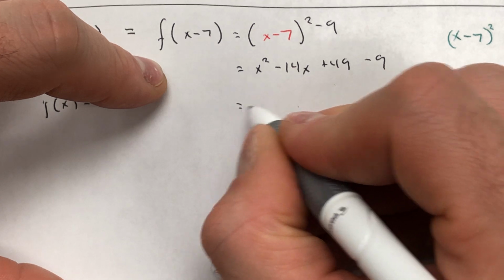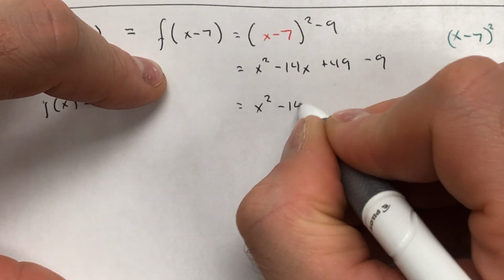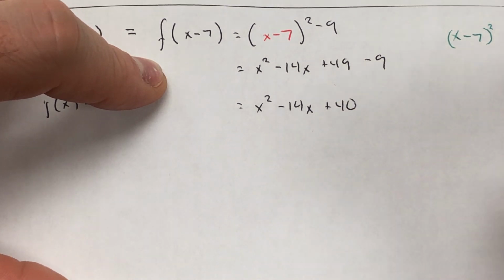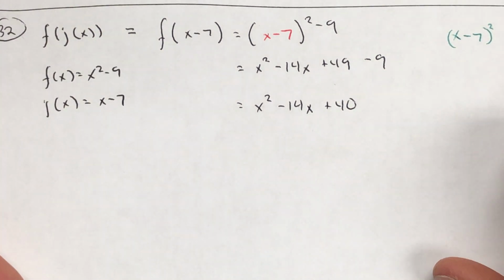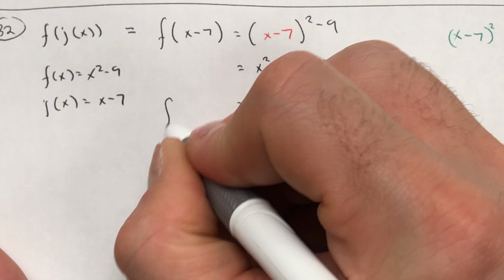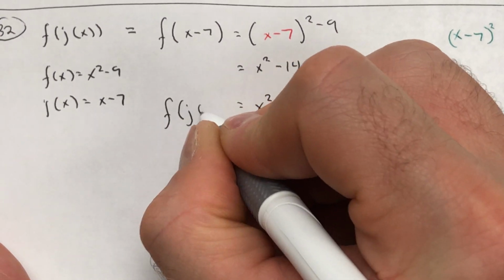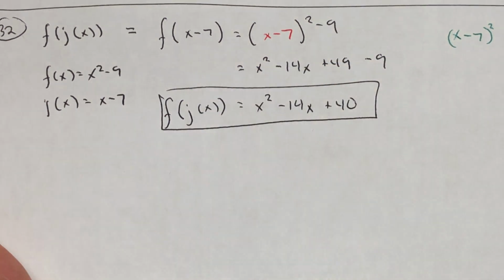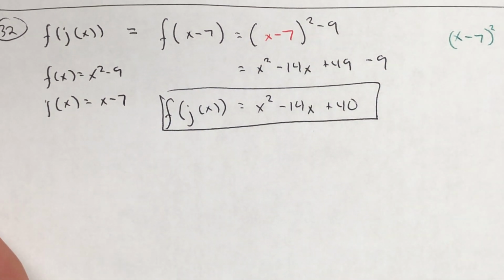At this point, we get x squared minus 14x plus 40 because I can combine the plus 49 and minus 9. So my f of j of x gives me that. I don't get a number, but I do get an expression.